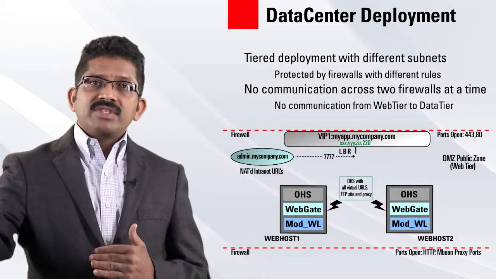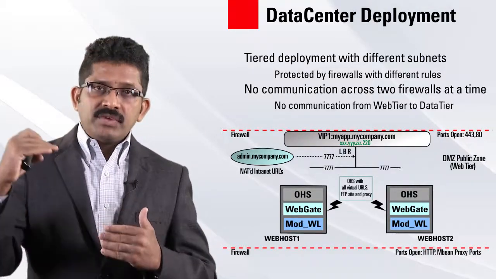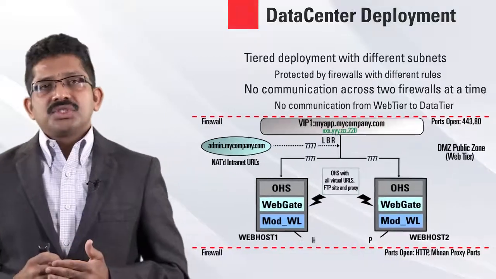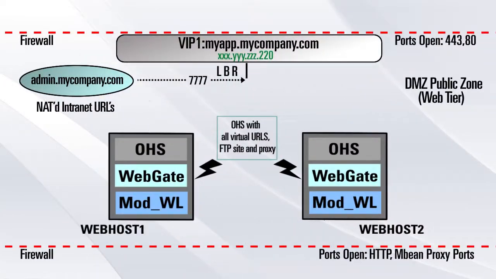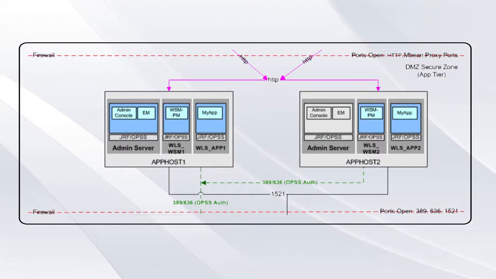So the end user request has to terminate in the DMZ and cannot cross into the application tier. Similarly, the application cannot talk to the end user directly, because again you have two firewalls. And components in the DMZ like OTD or OHS, or mod_plsql on OHS, cannot go to the database directly, crossing two firewalls.